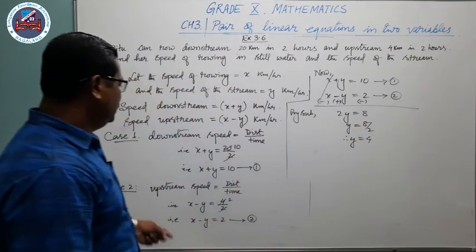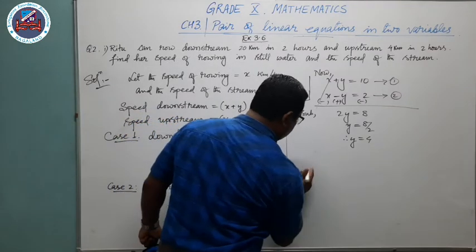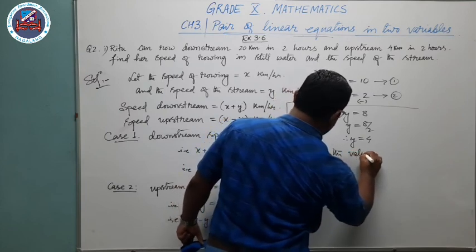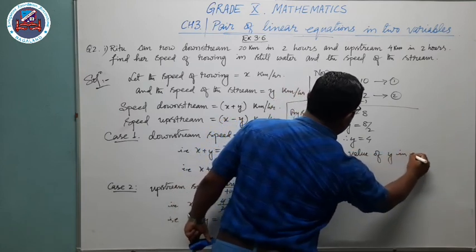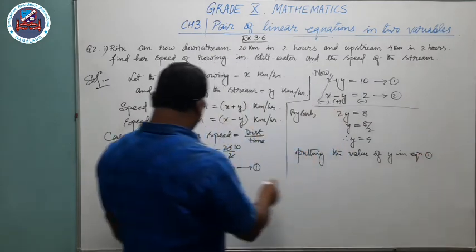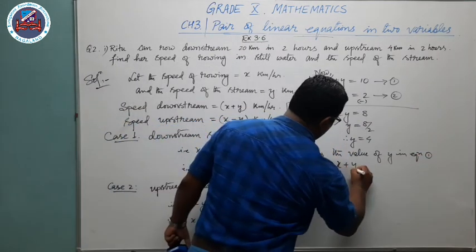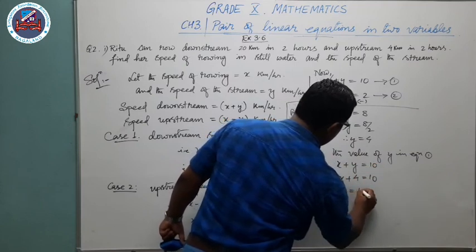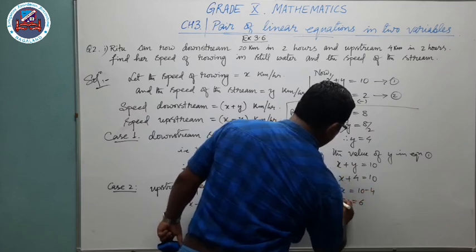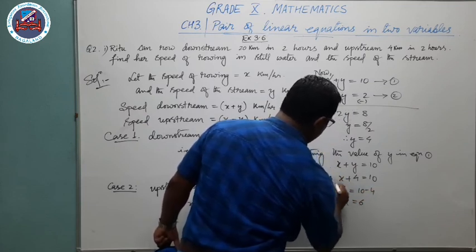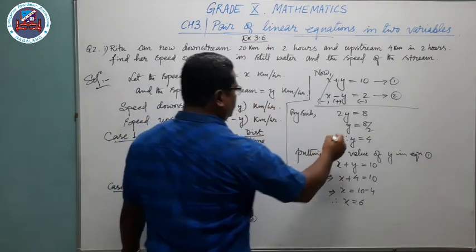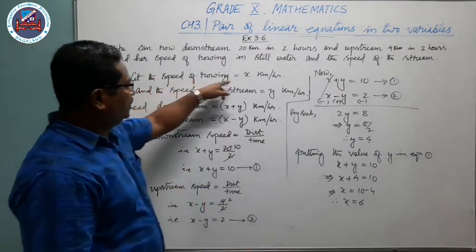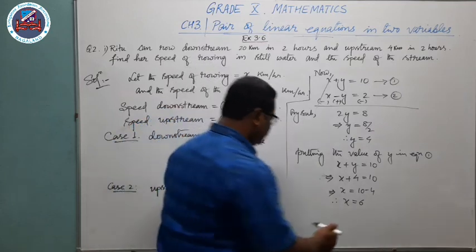Now putting the value of y in equation 1, you will get x plus y equal to 10, x plus 4 equal to 10, x is equal to 10 minus 4, which is 6. You can use implies or you can use that is, it's up to you. Now you can conclude it. The speed of rowing is x, that is 6 km per hour.